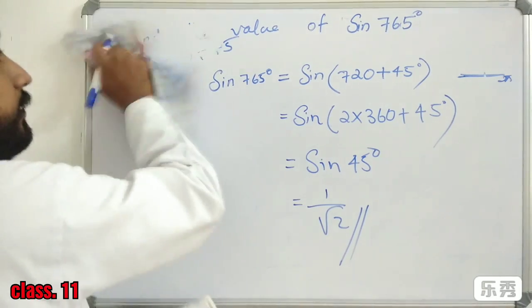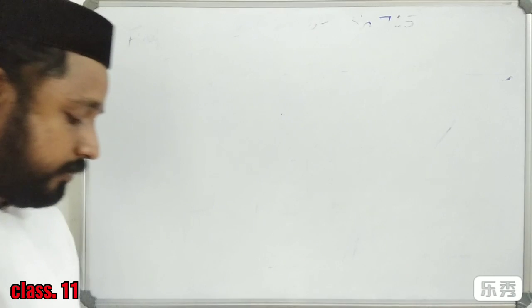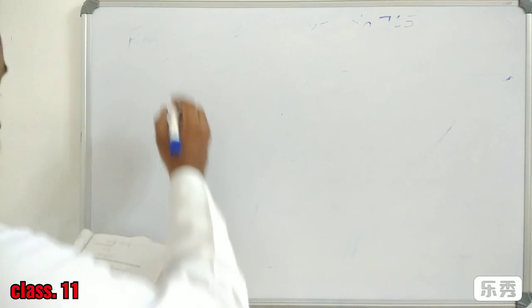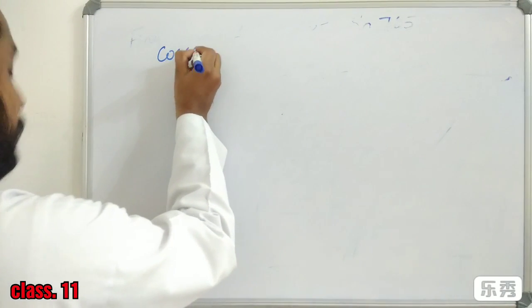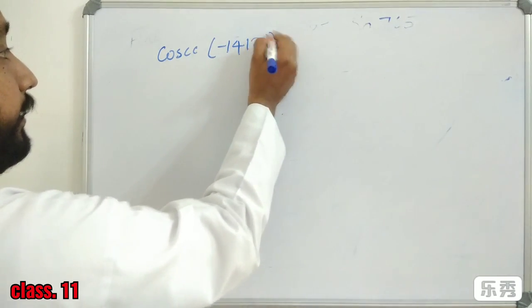Another question: cosec of minus 1410 degree.